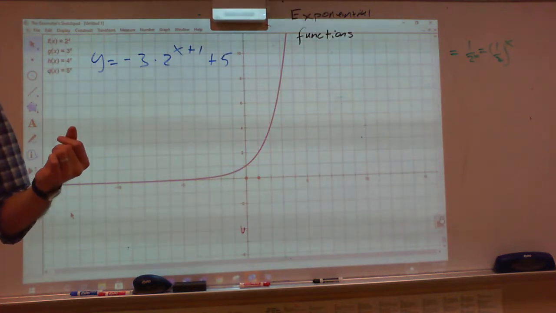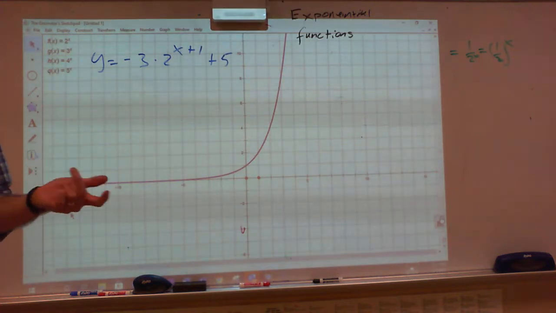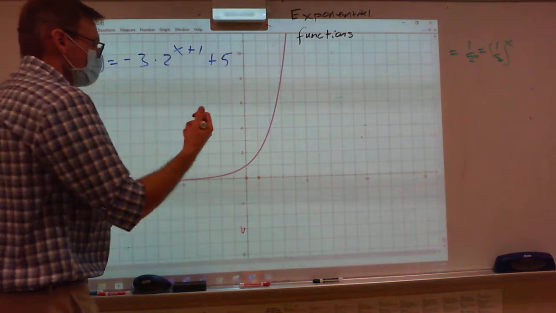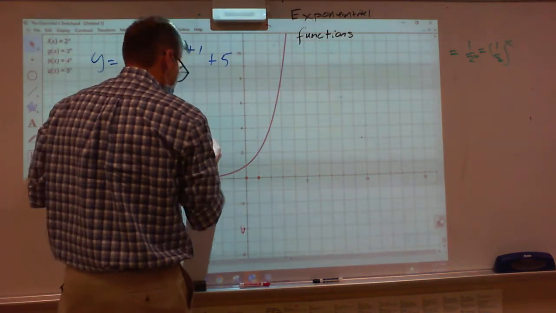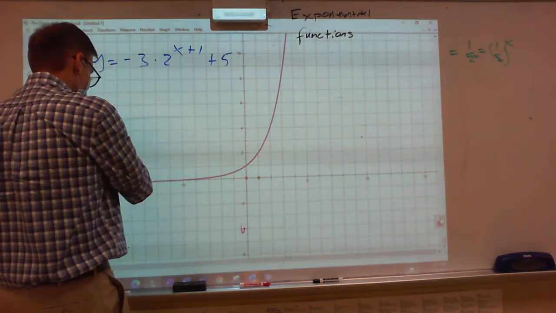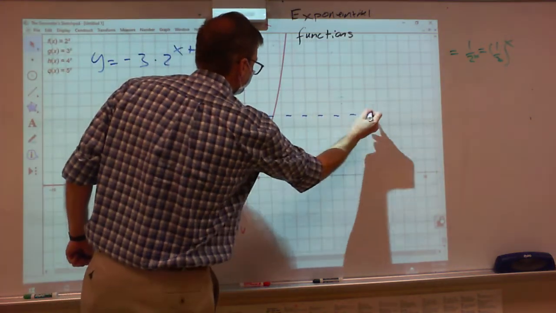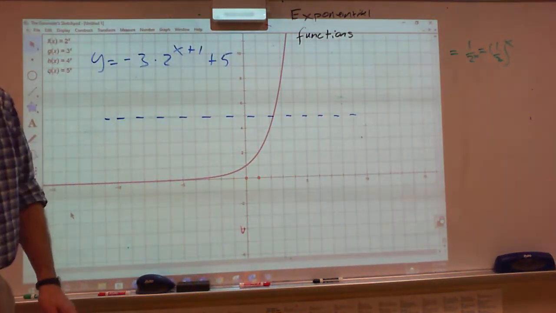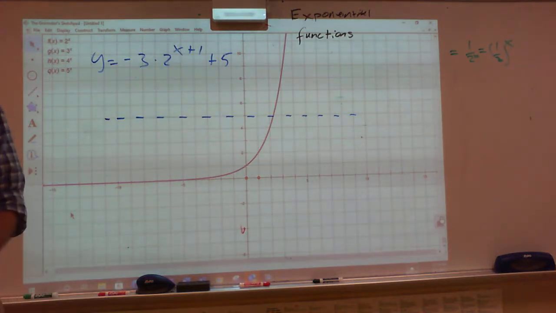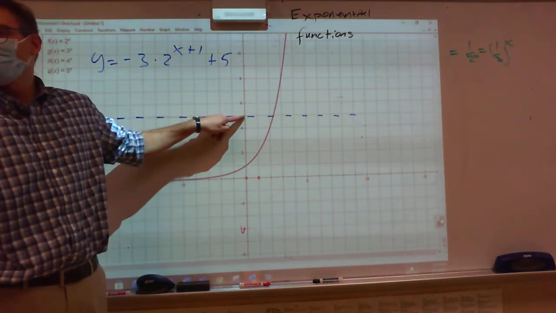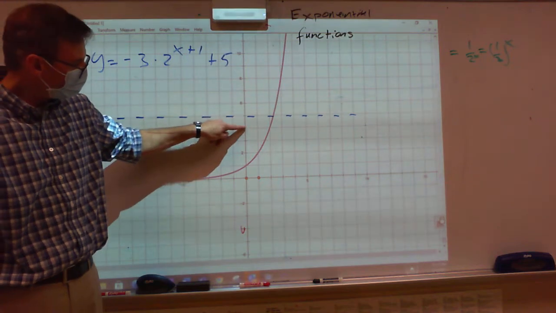Where's the asymptote? 5. That's easy, right? So the asymptote's at 5. I should probably keep it color coded. Is the special point above or below? It's below. How far below? 3. 1, 2, 3.